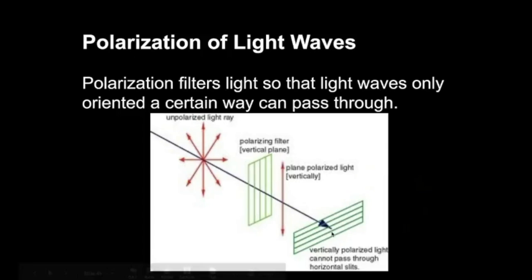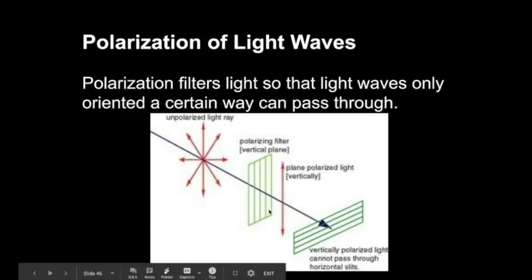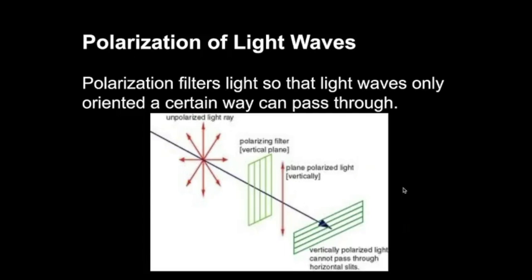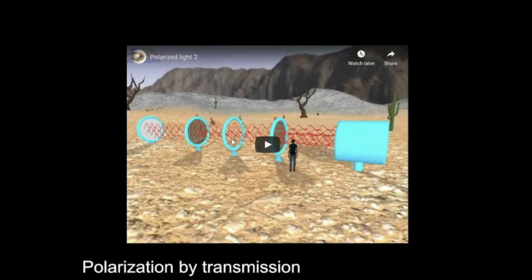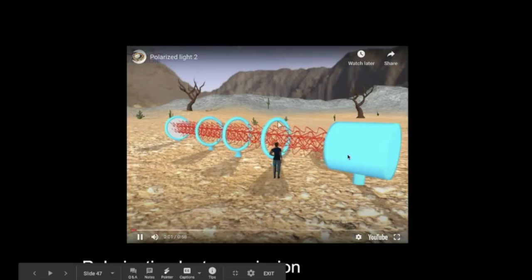Now, if I take two polarizing filters and I put them at cross paths to one another, they will block out all the light. Again, this seems a little bit abstract to you, but we're just getting you familiar with some of these words. This video here shows light coming in from all different directions.